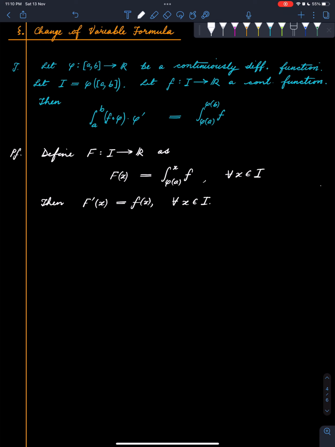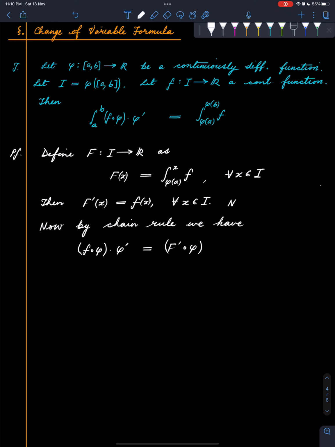And now by chain rule, we have that F composite phi, the derivative of it, is f composite phi product with phi prime. Well, this is not chain rule, this is just tautology, but this is chain rule.